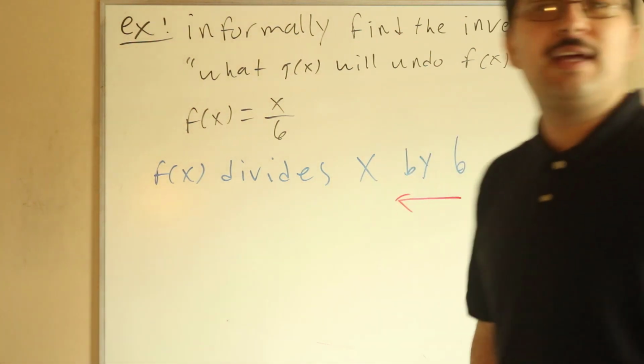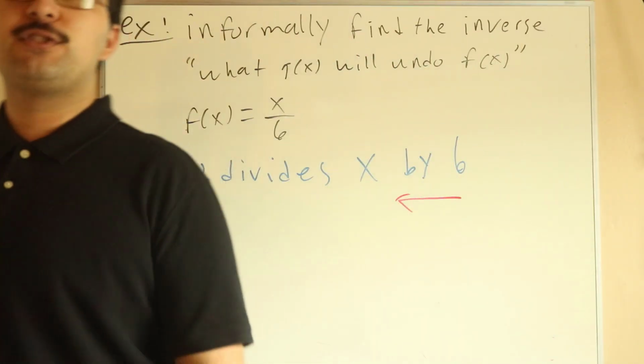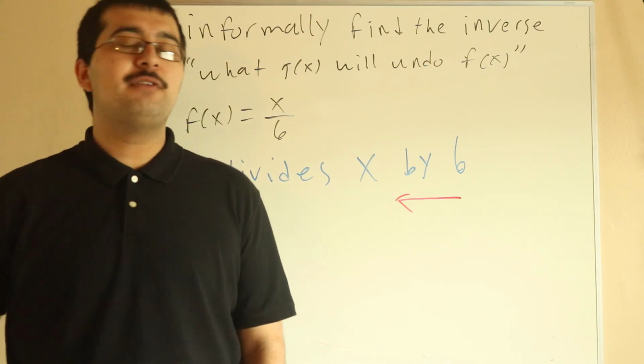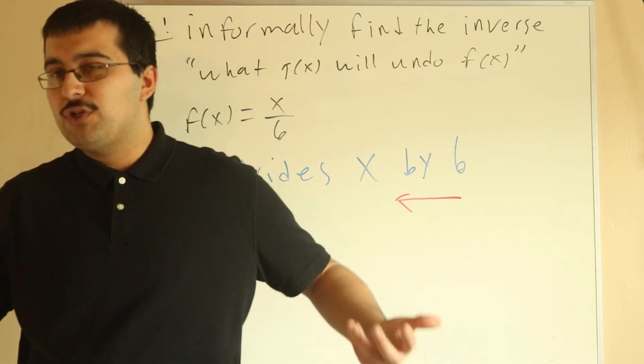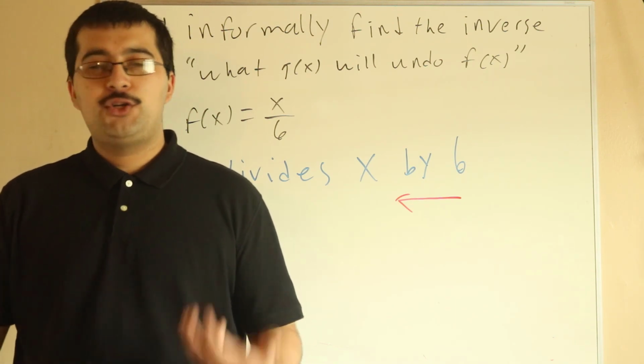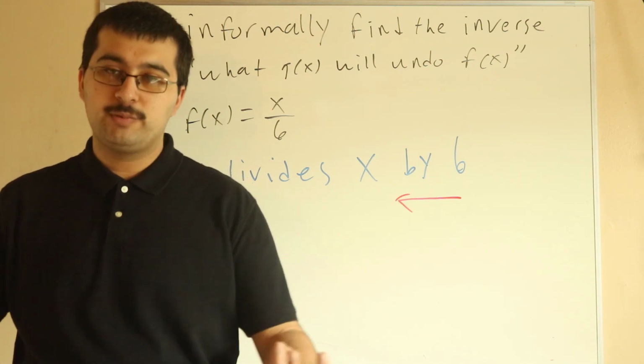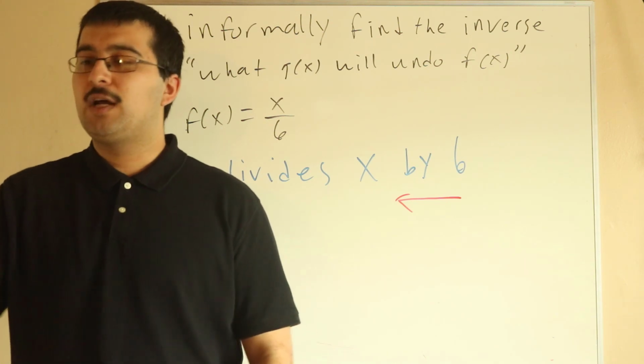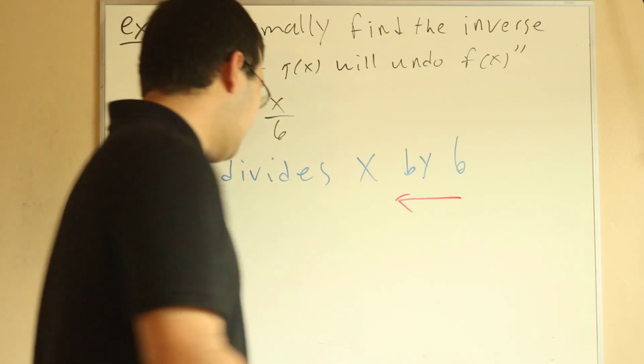So let me say then my inverse function, g of x, has to undo a division by 6. Well, if you just think about it, if I'm dividing by 6, what's the opposite operation when we think of division? Multiplication. If I'm dividing by 6, I want to multiply by 6.